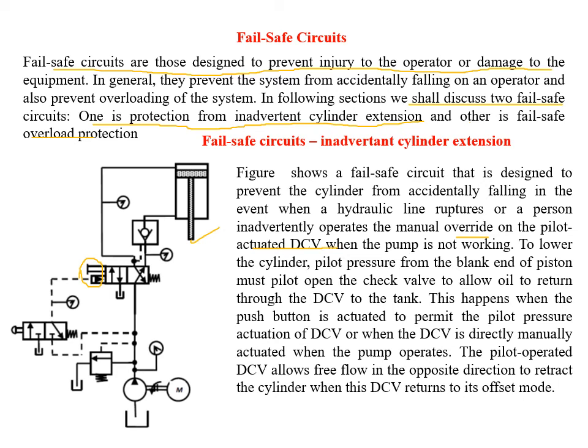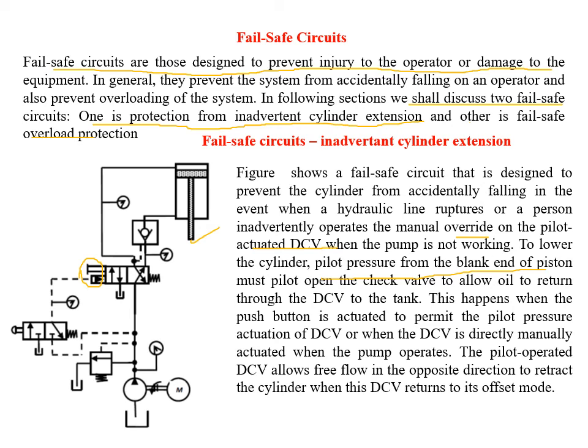To lower the cylinder, the pilot pressure from the blank end of the piston must pilot open the check valve to allow oil to return through the DCV to the tank. This happens when the push button is actuated to permit the pilot pressure actuated DCV, or when a DCV is directly manually actuated when the pump operates.